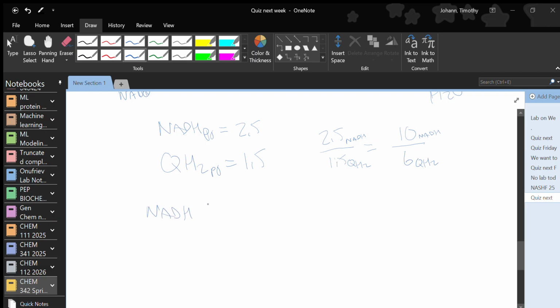NADH, right? It's going to go to NAD plus. I'm not going to worry about extra little hydrogens for what we're doing here. Then the electrons go through, and ubiquinone picks them up and becomes ubiquinol, right?